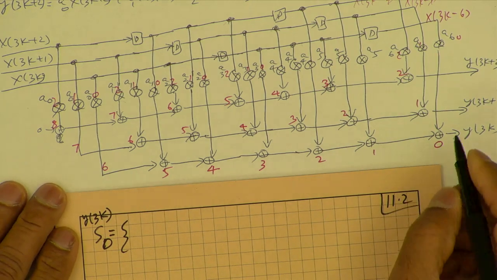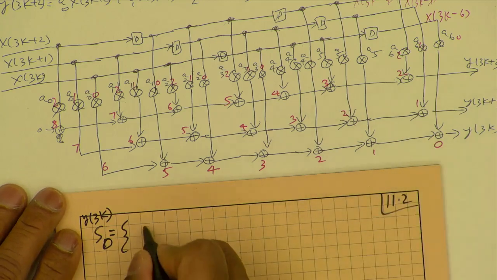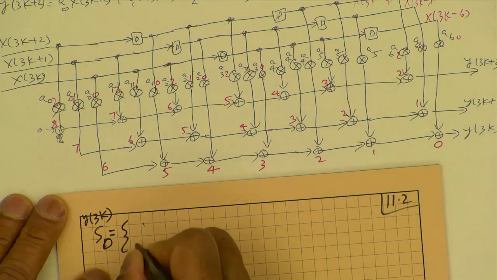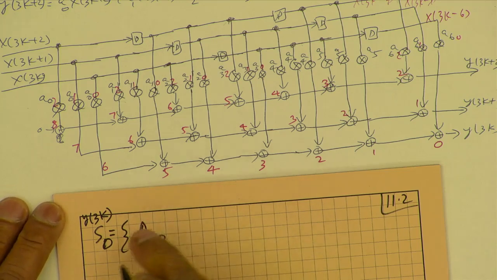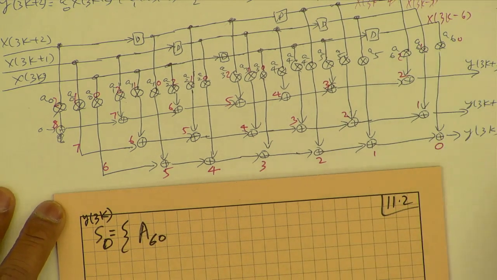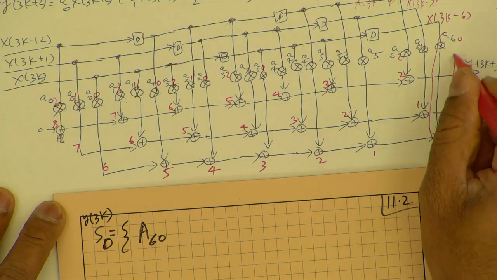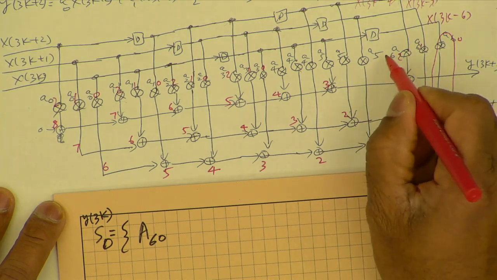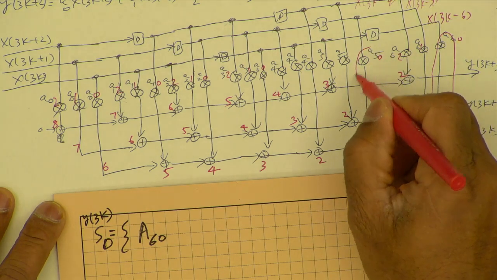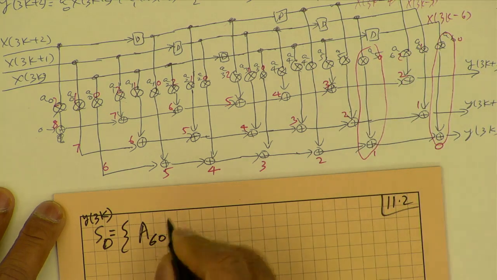So here we would say that the folding set is A60. A60 is the multiply by A60 plus that add. Similarly, A50 and that add, let's call that cap A50.